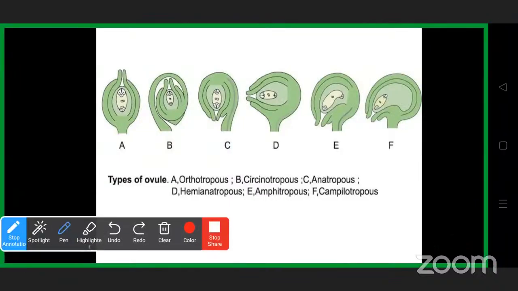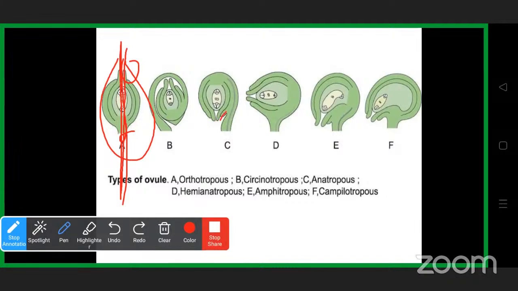You can see here, orthotropous is a straight line: funicle and micropyle, and the embryo sac, all three in a straight line. That is called an orthotropous ovule. The next is the anatropous ovule.